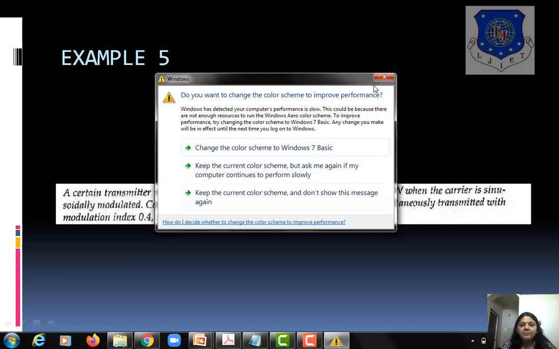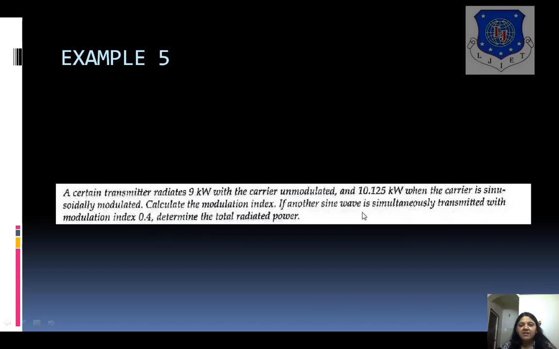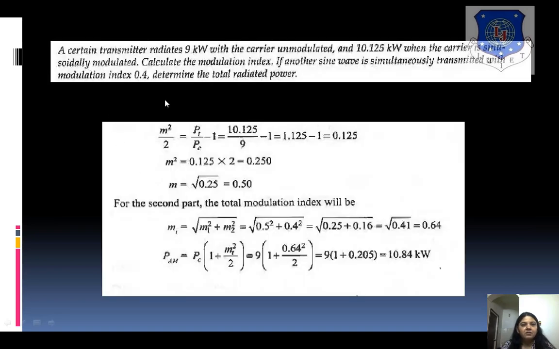If another sine wave is simultaneously transmitted with a modulation index 0.4, determine the total radiated power. So again here the equations are given in the form of power. So we can write the equation and we will find out the value for the small m. So it is 0.50.